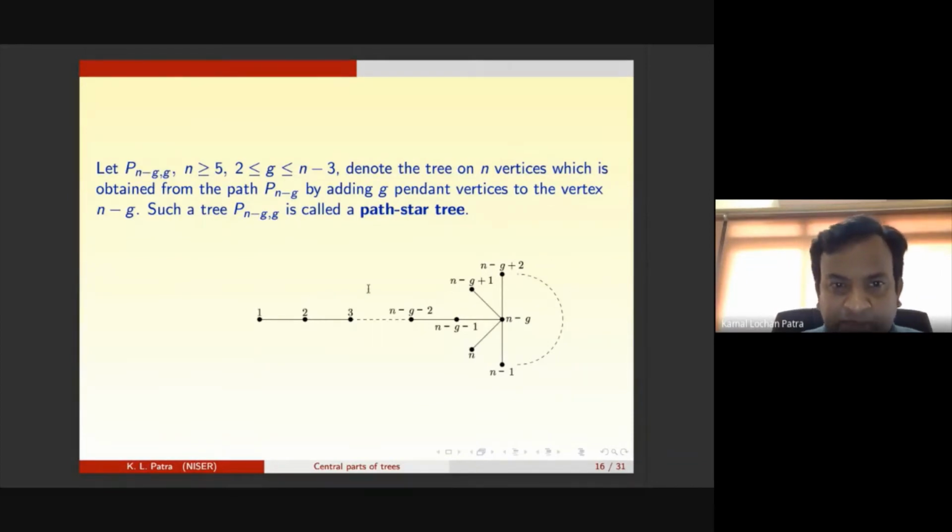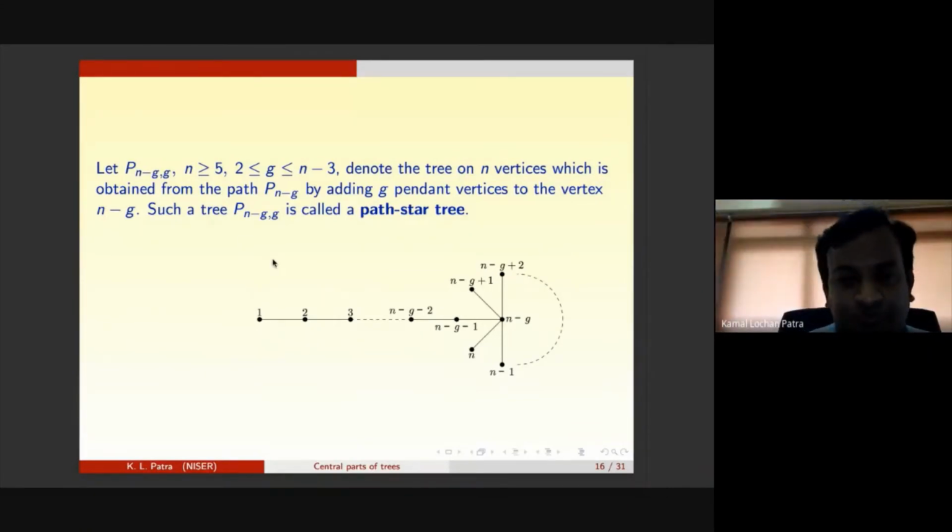We call it a path star tree, denoted by P_{n-g,g}, and some authors also call it a broom tree. It seems like a broom if you draw it properly. If you take g equal to 1, then it's a path, and g equal to n minus 2 or n minus 1, then it's a star. So we are avoiding path and star, because for path and star, everything is known.